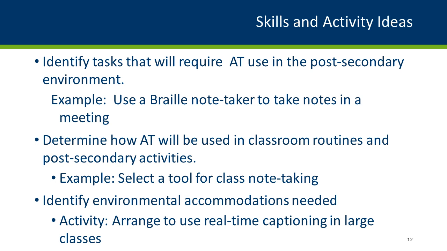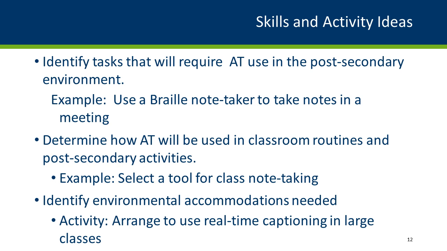Can they identify environmental accommodations needed? Like, does this student know if they need it, how to arrange to use real-time captioning in large classes when they aren't maybe able to hear the information from the instructor as well as they might in a smaller group? So these are just some examples.